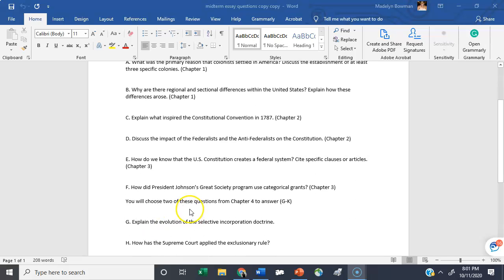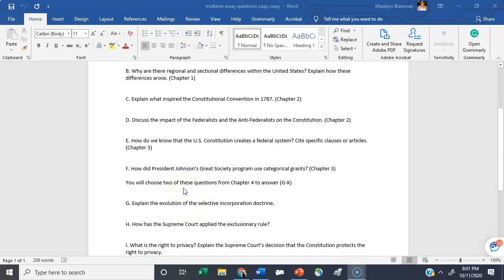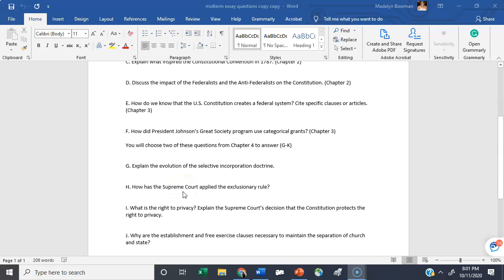Then after you do the chapter 1, 2, or 3 question, there will be 2 questions from chapter 4. And these are the choices for the chapter 4 question. So actually there are 6 choices for chapter 1, 2, or 3.